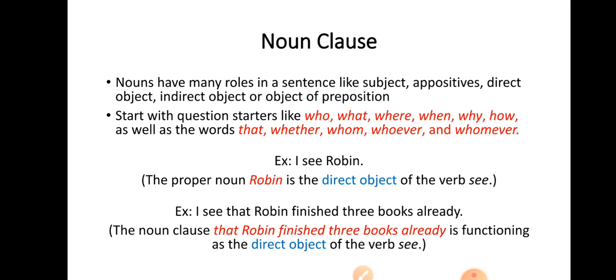In a sentence it may do a different role. Nouns have many roles in a sentence like subject, appositives, direct object, indirect object or object of preposition. Multiple roles a noun is doing in a sentence, and here instead of a noun we can use a clause which does this kind of role in a sentence.